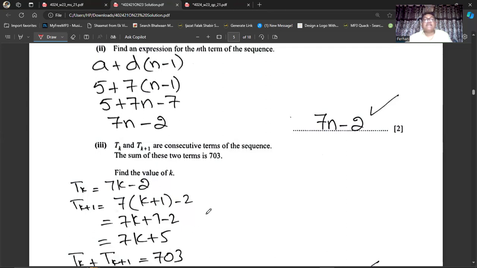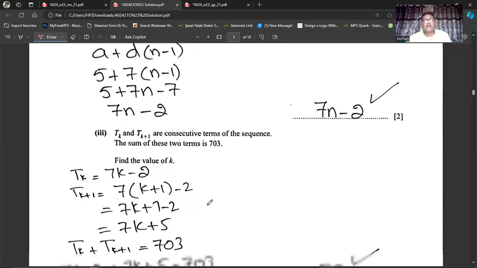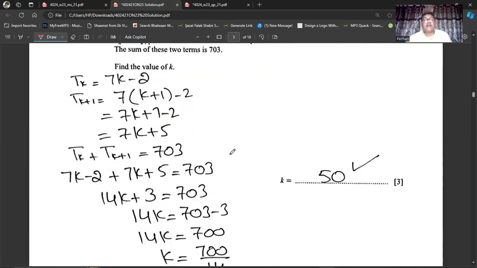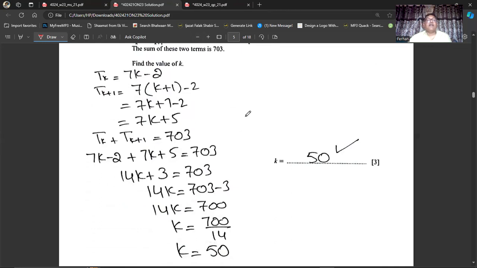So now he says their sum is 703. So I will add both the terms, and when you add both the terms, you will have 7k minus 2 plus 7k plus 5, and that will be equal to 703. So it will be 14k plus 3 equals 703.